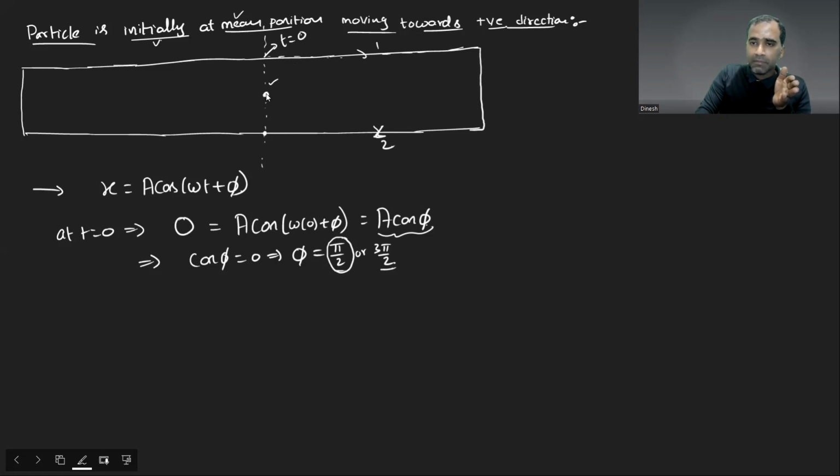So it will be at equilibrium two times in a cycle, once while going towards the positive direction, another time while going towards the negative direction. Since it is the positive direction, according to the given information it happens the first time in the whole cycle. Among the two phases, we have to choose the first phase.